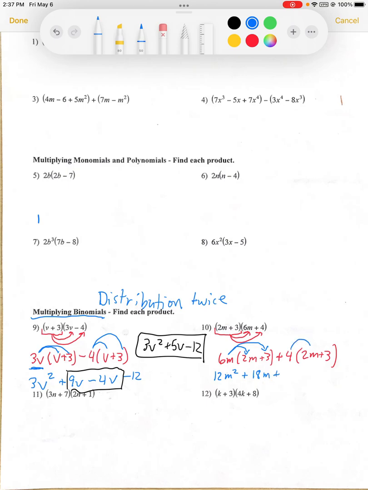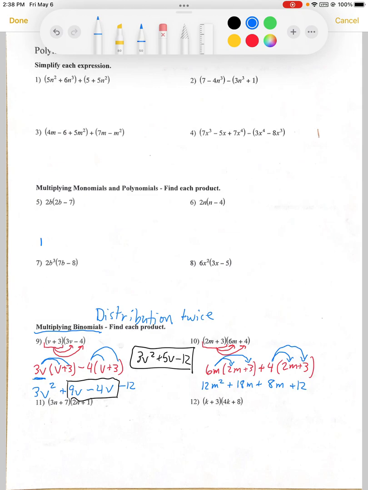Plus 4 times 2m, which is 8m. And then 4 times 3 becomes 12. We can combine our like terms, which will give us 12m squared plus 18 plus 8, that becomes 26m plus 12.